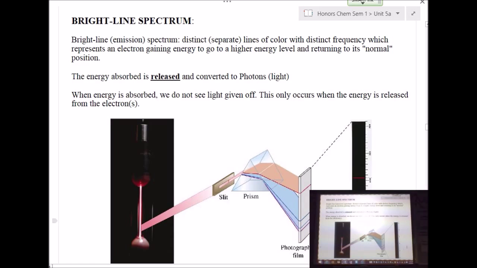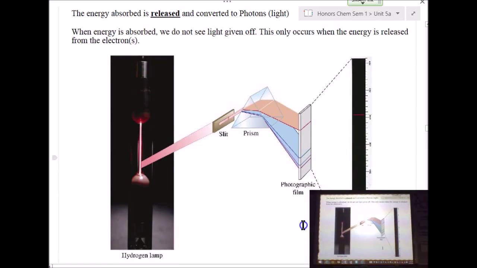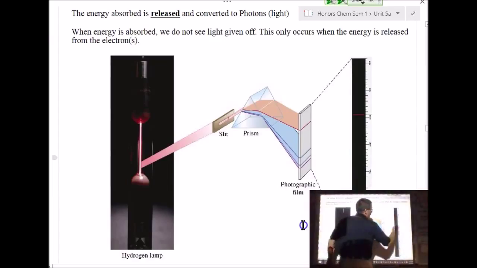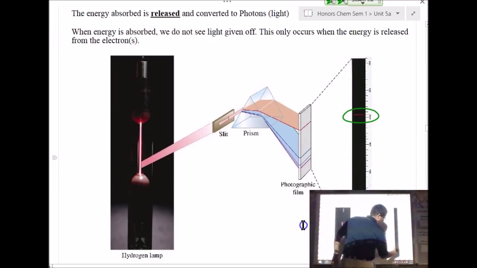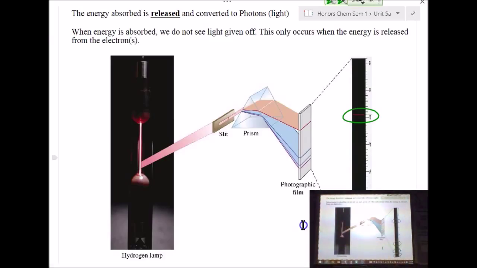And I know that it might be difficult to be able to see the lines here. Like there's a red line there, a blue line there, and then some other lines here. This is actually the fingerprint of an element or a compound, so to speak, once you get into bigger things. And we can use that bright line spectra to actually identify what it is that we're looking at.